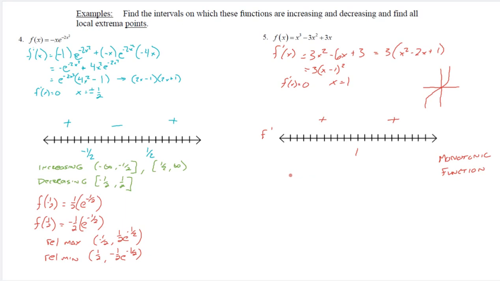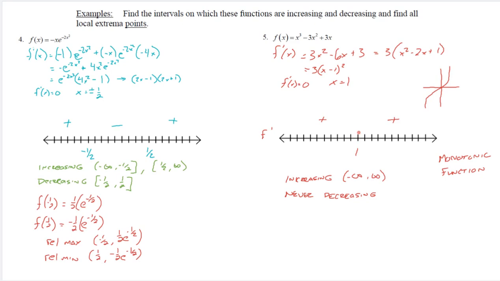So in this case, it's increasing from negative infinity to positive infinity, and it is never decreasing. Even though this is a critical number, we don't break it there because it never changes direction.